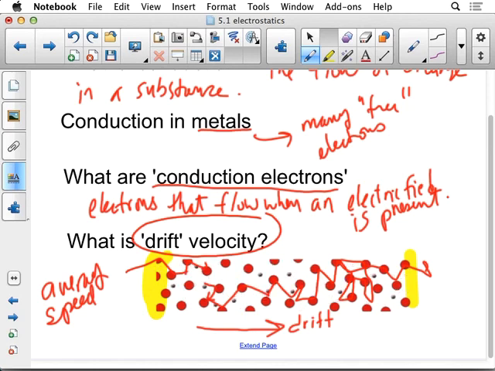Charge separation. Okay, and a charge separation would cause what to be there? Electric force, electric field, right? So in other words, we know that there must be, inside this metal, an electric field that is causing charges to move, right?